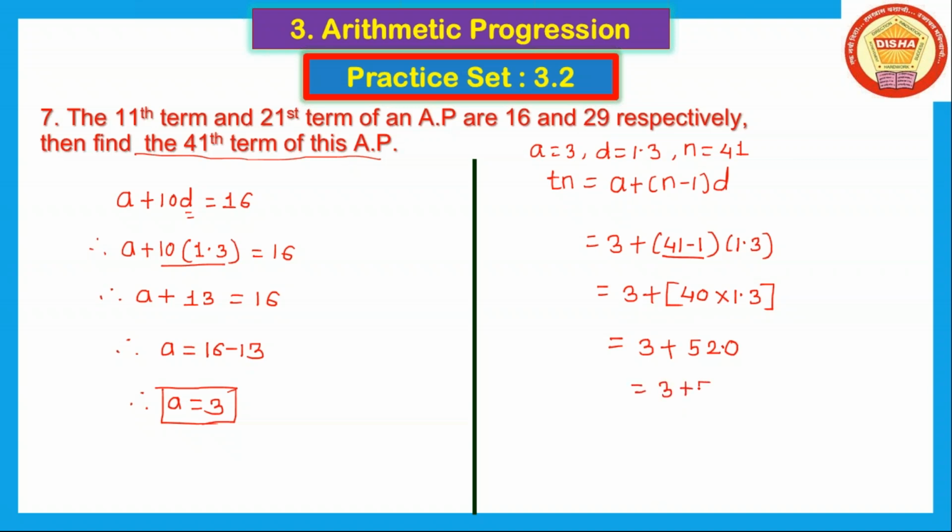3 plus 52, means here the value of the T41 term is equal to 55.